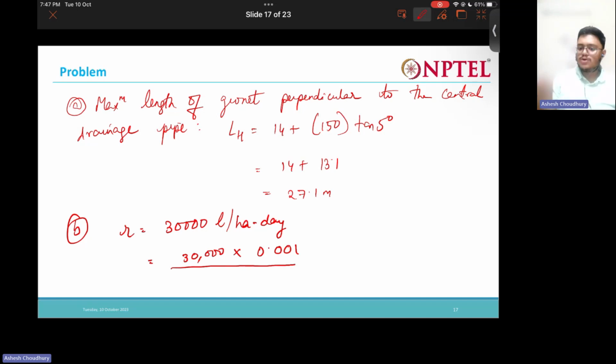How to convert hectare to meter square? 1 hectare is 10 to the power 4 meter square. Okay, so let us find that out.